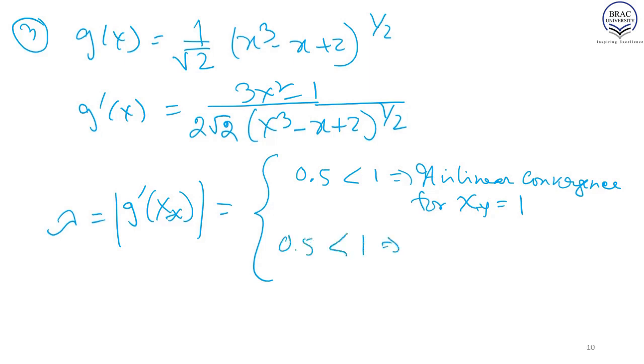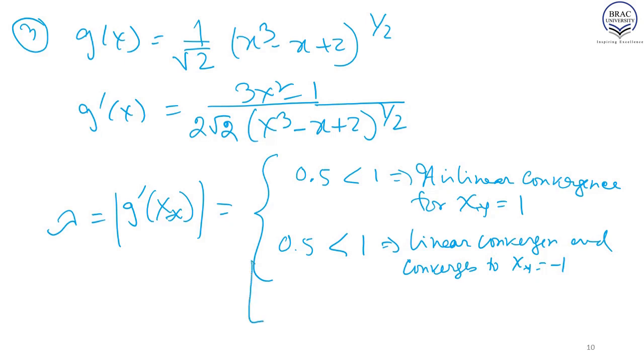That means linear convergence, and it converges to x star equal to -1 whenever we start the iteration close to x equal to -1.